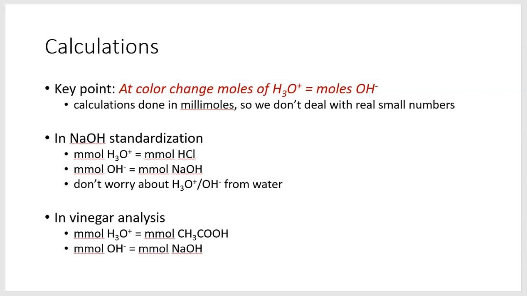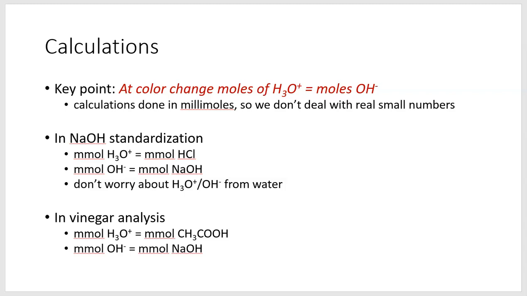One of the twists that you're going to see today is that we're actually going to do calculations in millimoles instead of moles. The nice thing is that millimoles are smaller, and it's like the difference between talking about millimeters and meters. If I make a measurement and it's 5 millimeters, I can write down 5.0 millimeters, and there I've got it.